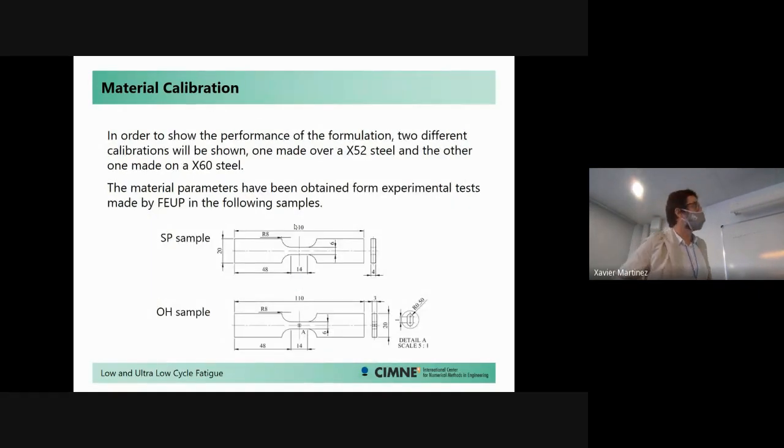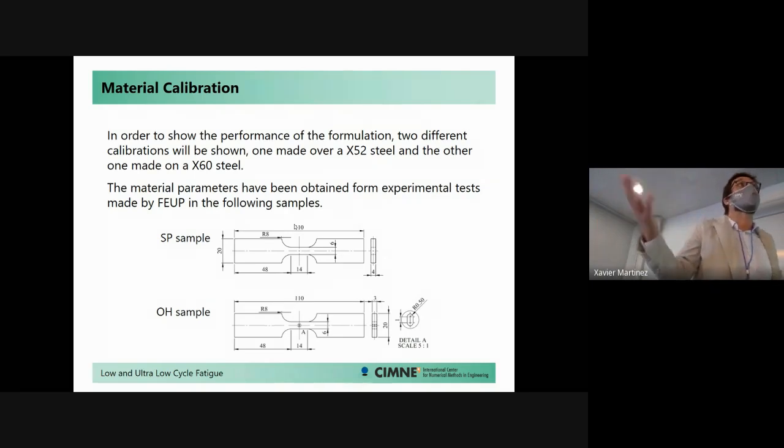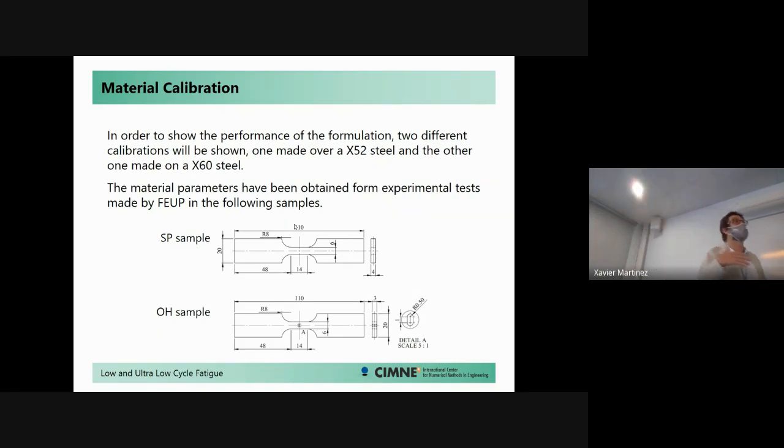Now, we have applied this to two different steels, X52 and X60. Those are pipeline steels, because ultra-low cycle fatigue is a major concern in pipelines. They can be submitted to seismic load, for example, and then they will have some cycles applied to them, and you don't want them to break. So you need models to predict this possible failure.